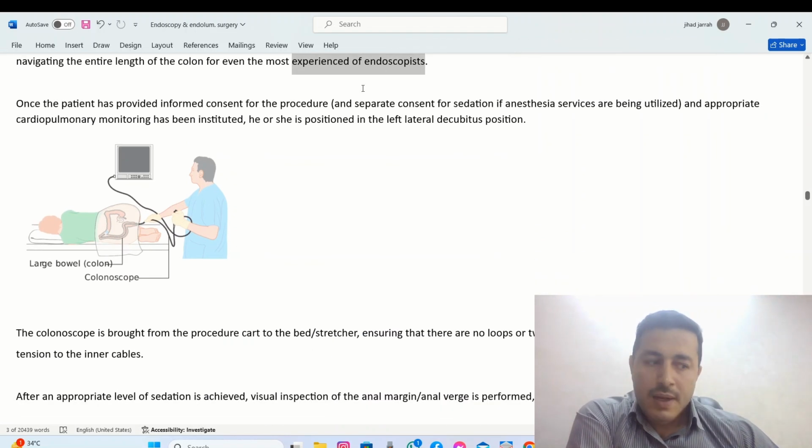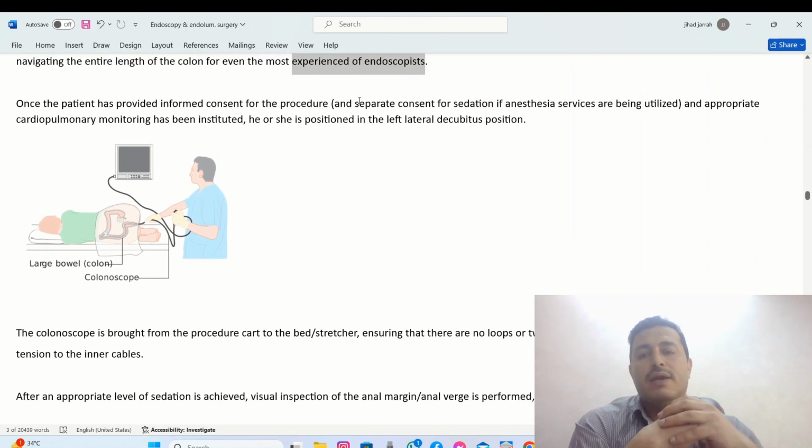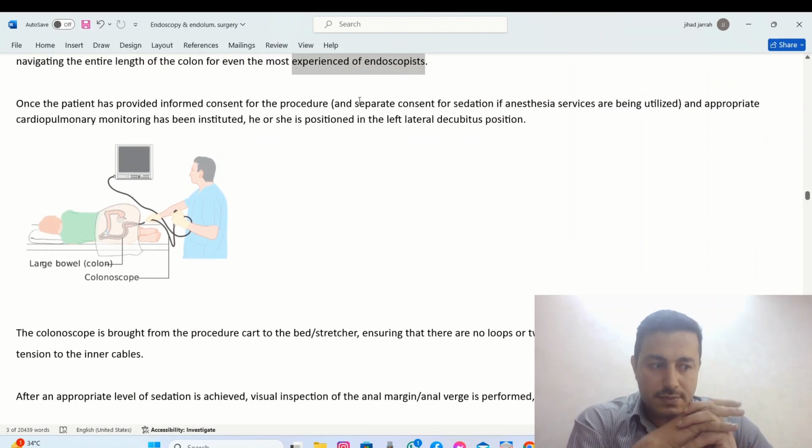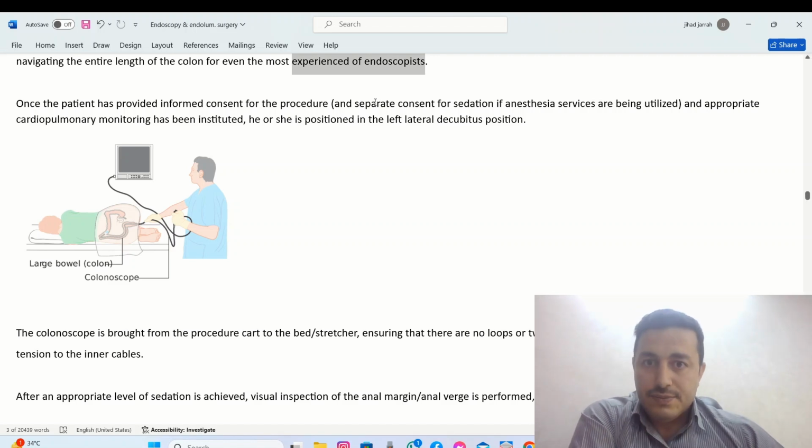Okay. Before proceeding to the colonoscopy, we should gain consent. And consent should be gained for the procedure itself and for the anesthesia. We need separate consent for the anesthesia.